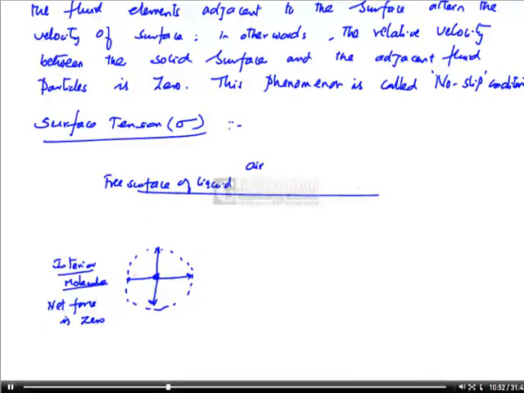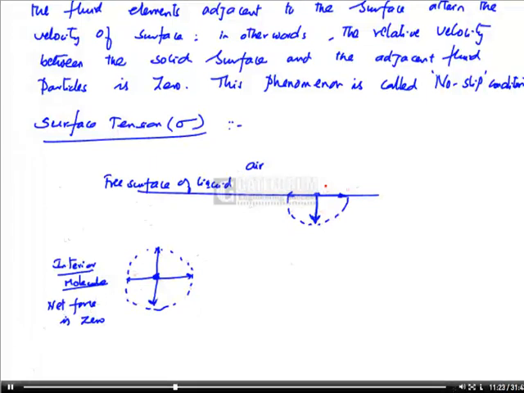But whereas if you consider a surface molecule, this force is balanced by this one, but whereas the downward pull is unbalanced. The downward pull of the interior molecules over the surface molecules is unbalanced. So there is a net unbalanced downward pull exerted by the interior molecules over the surface molecules.